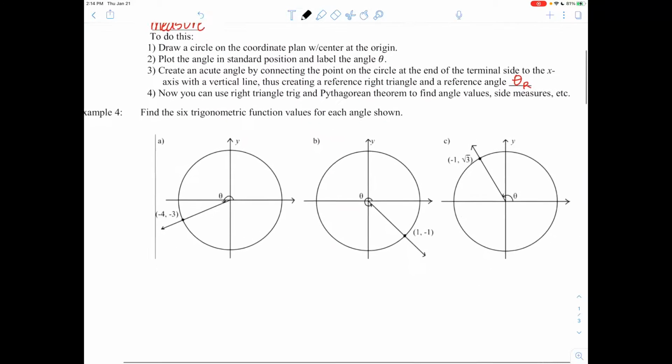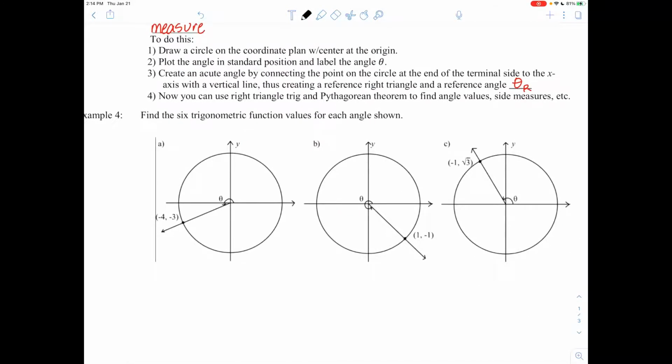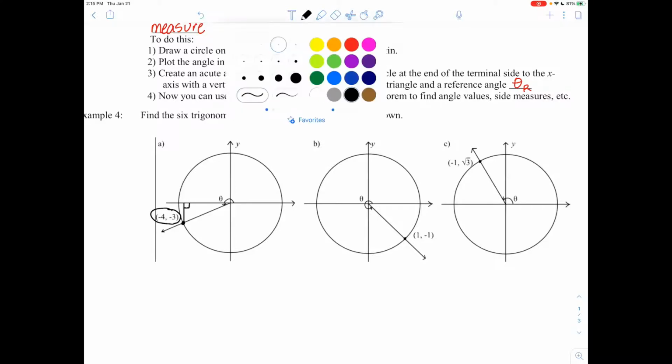So we're going to take this angle here, and we've got this nice circle, and I've given you a point on the circle that the terminal side of this angle passes through. You always connect that point on the circle that's on your terminal side to the nearest x-axis with a vertical line, and so that would go right there. And then you create a reference angle.